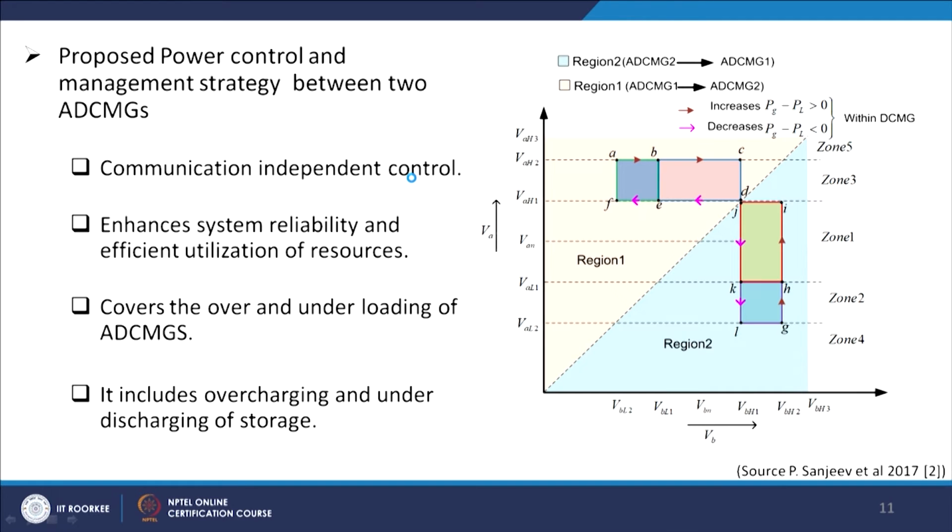It includes overcharging and under-discharging of storages. Now, we can see in this strategy region 1, where autonomous DC microgrid 1 is feeding energy to autonomous DC microgrid 2, and region 2 is used when autonomous DC microgrid 2 is feeding energy to my autonomous DC microgrid 1.